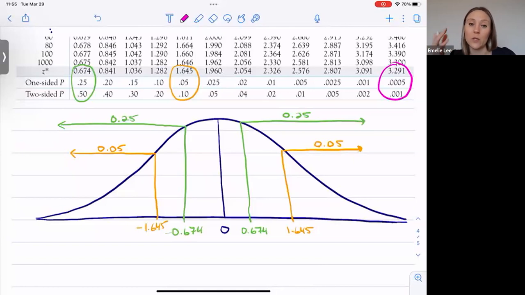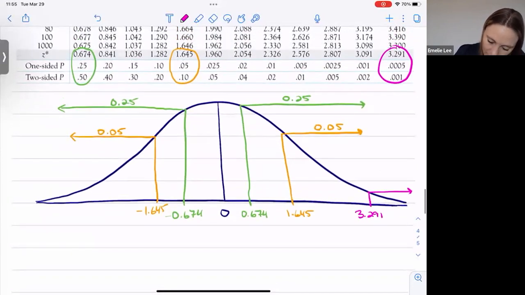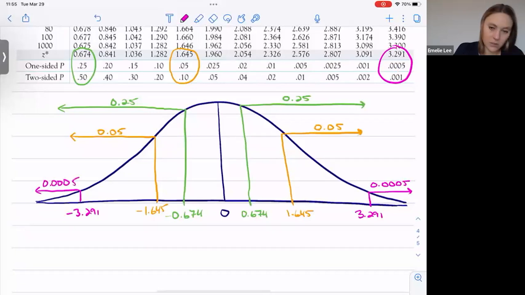It's possible that we go off the table, but we still know something about this 3.291, and that is that the area in one of the tails is 0.0005. And if I go to the negative side, negative 3.291 also has an area of 0.0005. So times 2, 0.001, is the two-sided p-value.